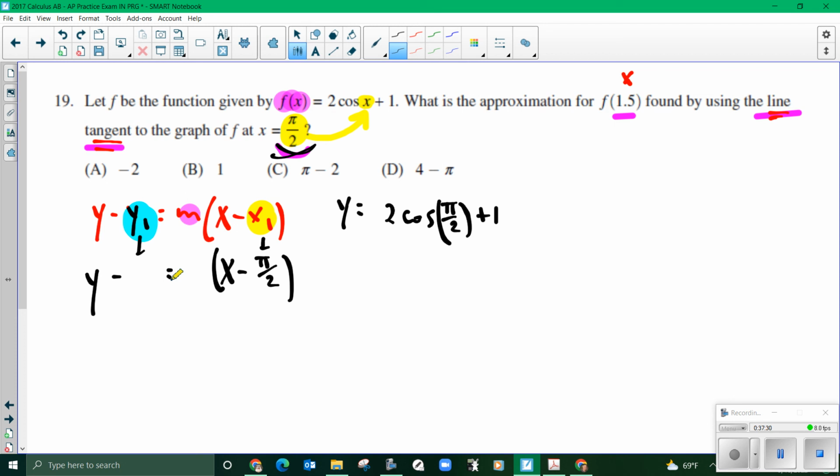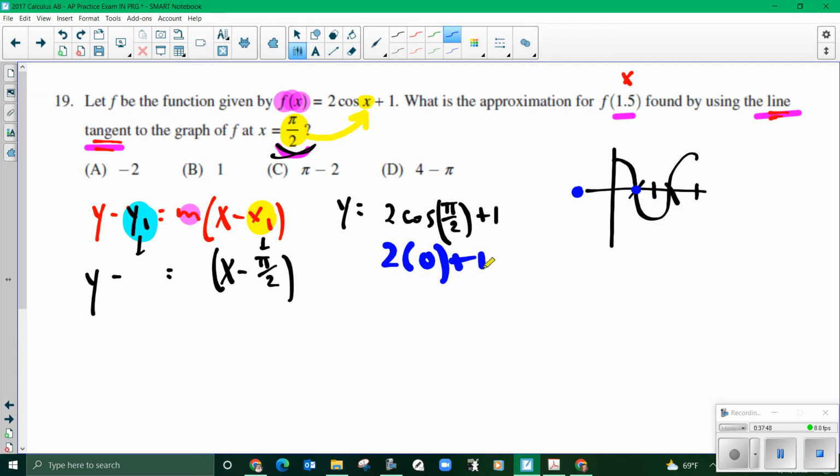The cosine of 90 is 0. Remember what the graph of cosine looks like? Here's 180, here's 360, here's 270, here's 90. Right here, I'm at 0. So this is like 2 times 0 plus 1, which equals 1. All right, it's not bad.